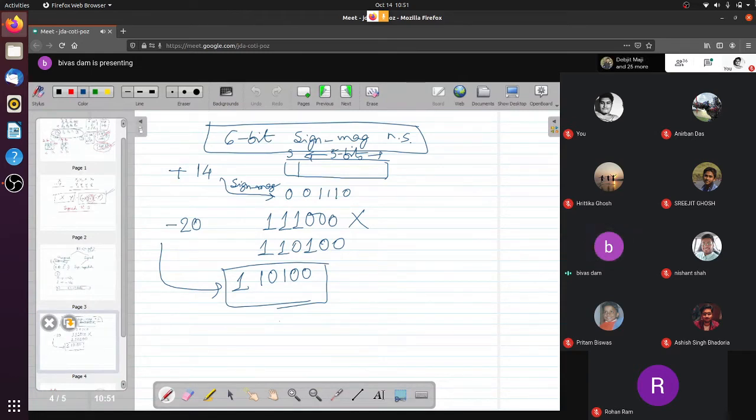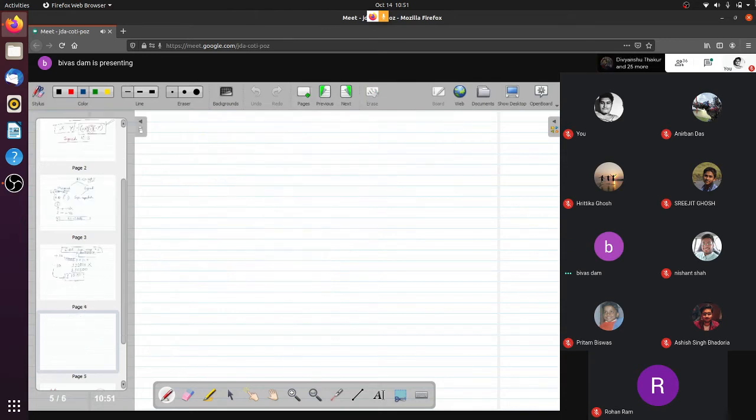Let me find out whether the signed magnitude representation allows me to do that or not. Let me try the operation of plus 20 minus 14.